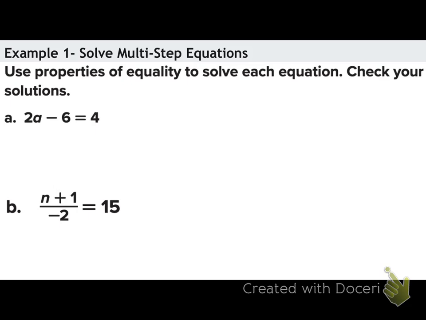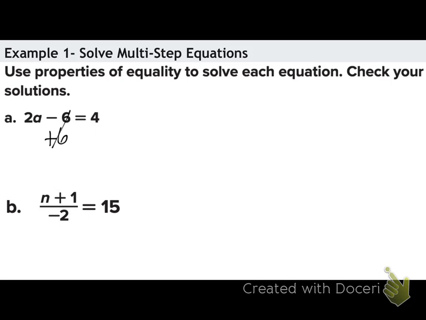It's 2a minus 6. What's the inverse of subtraction? Addition. So I'm going to deal with this 6 first. It's a minus 6, so I need to add 6 in order for it to cancel out, because negative 6 plus 6 gives me 0. And I'm dealing on the left side of my equation because that's where my variable is.